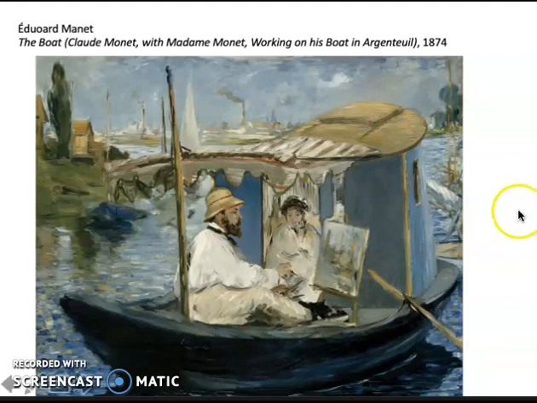This painting by Manet depicts the boat that Claude Monet used, and there's his wife, Madame Monet, in order to drift about or anchor in place and have an easel to construct a painting en plein air, in the midst of things.